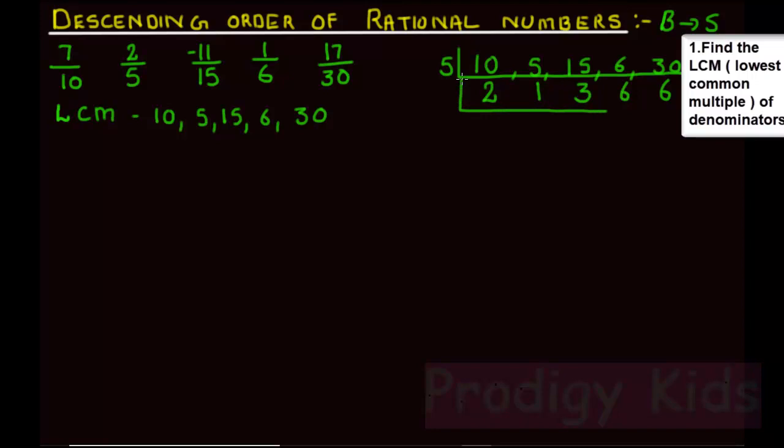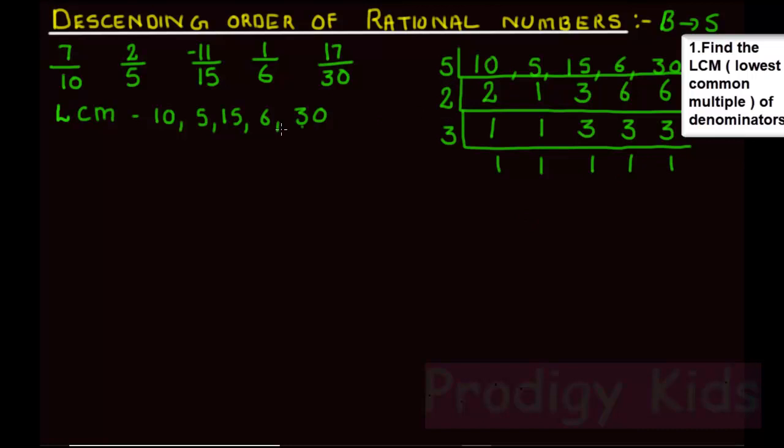Then comes the next number: 2 would go. 2 1s are 2, 1 remains the same, 3 comes down, 2 3s are 6. Finally, we have 3 remaining, so let's take the 3. 3 1s are 3.